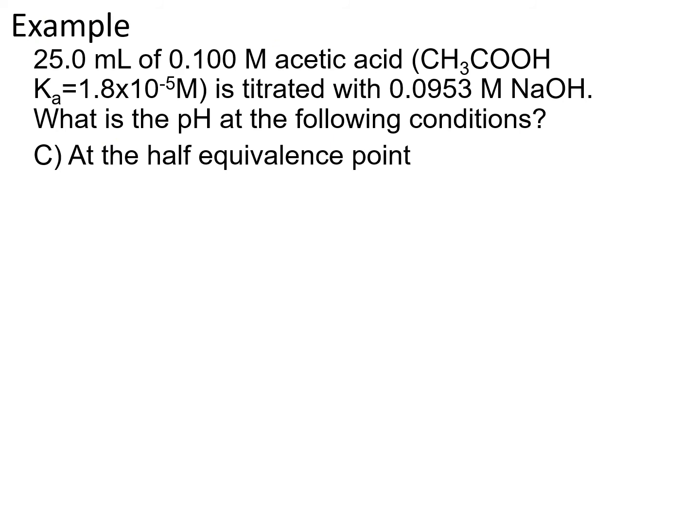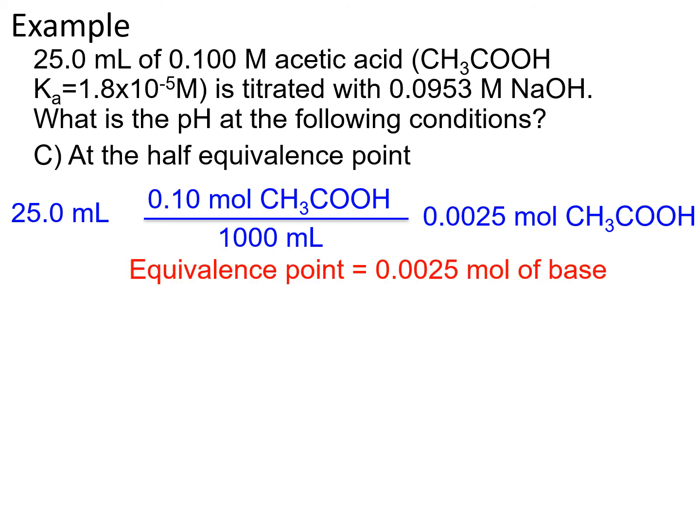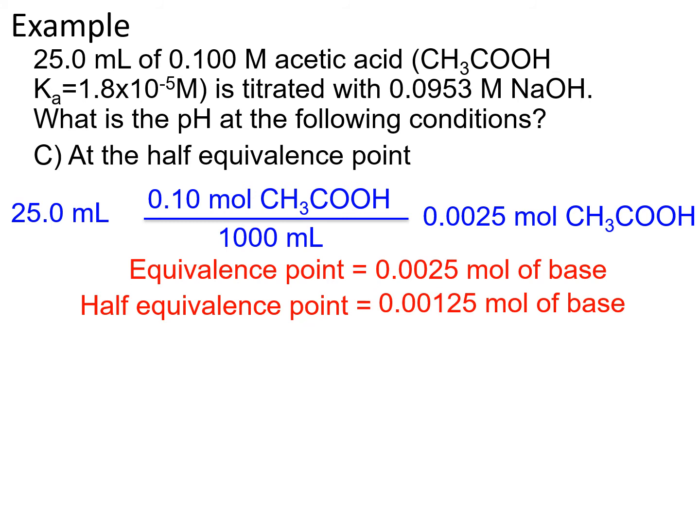Now what about at the half equivalence point? Now I know that I'm starting with this many moles of acetic acid, and my equivalence point would mean that I'd have the exact same amount of base. But at my half equivalence point, it means I only am going to have half as much base added.